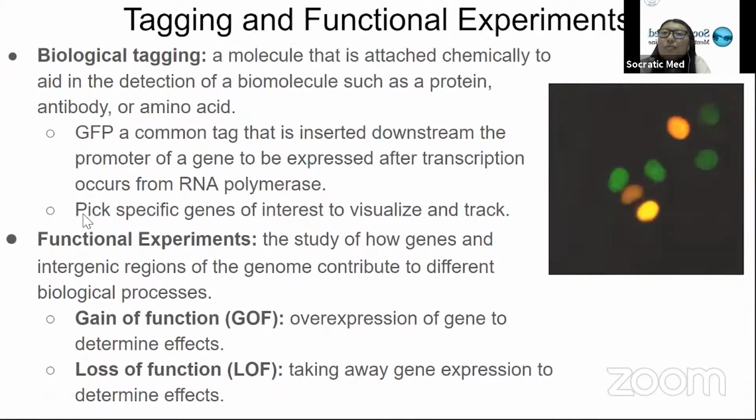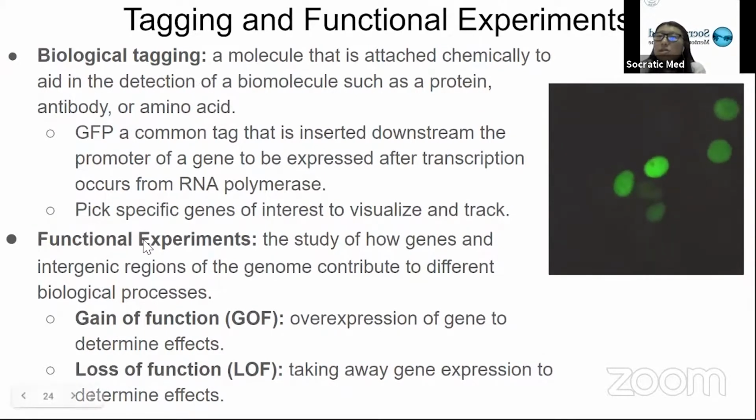For GFP, we usually pick specific genes of interest to visualize and track, and then you're able to follow what happens as it goes through that process. GFP is one tag, but they can use a lot of different ones that they might mention in the bio/biochem passages. But that's the main function of biological tagging.